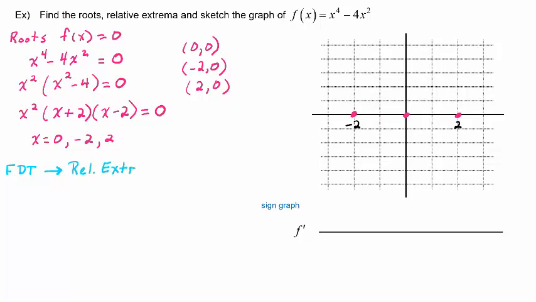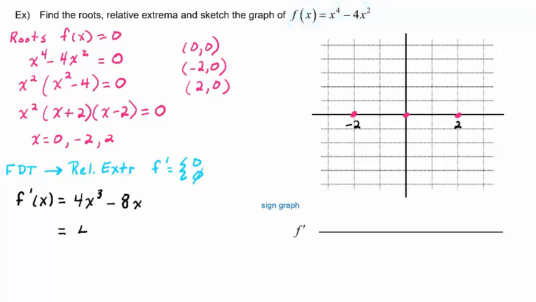So, of course, to do that, we need to take f prime and set it to 0 or undefined to find the critical numbers. So f prime is going to equal 4x cubed minus 8x, and let's factor that.